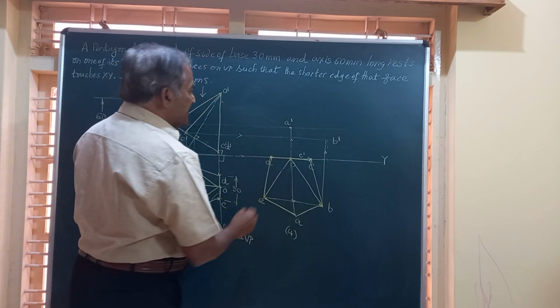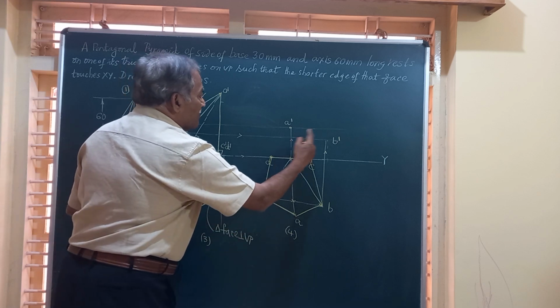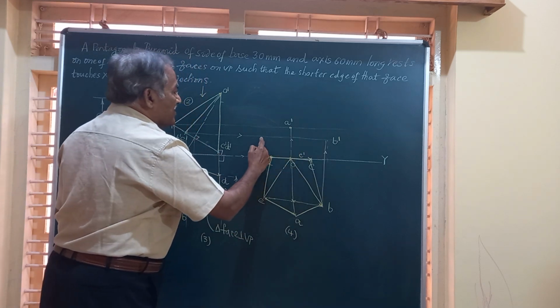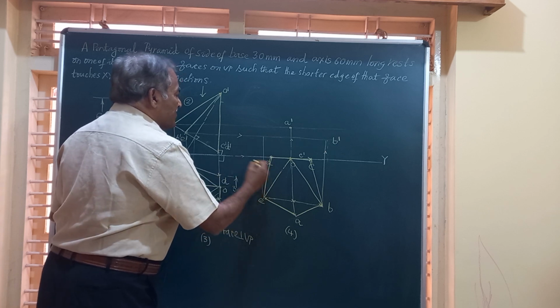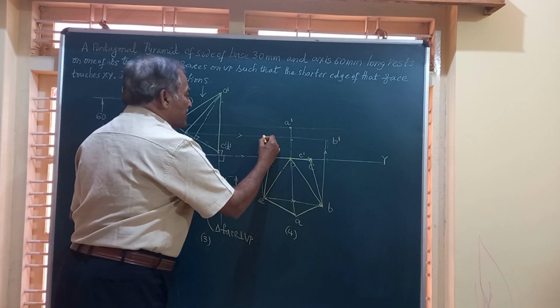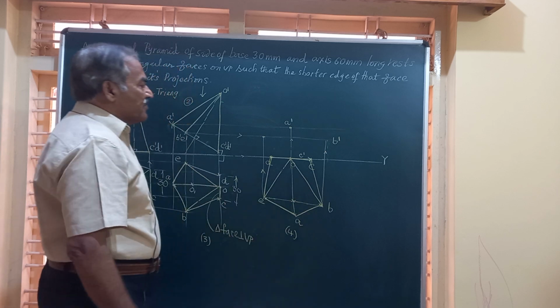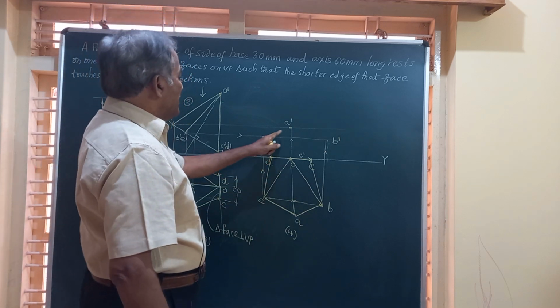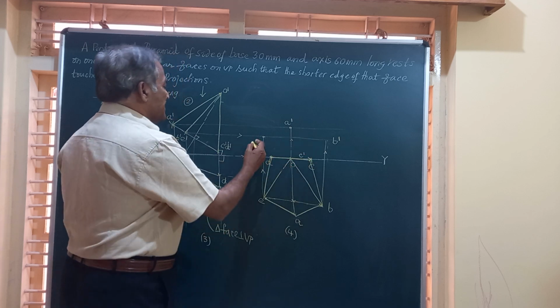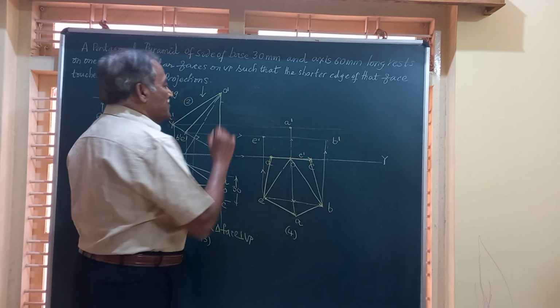So friends, we have got finally E. The distance of B and the distance of E will be just equal. So I will just draw a vertical line from here, a horizontal from here. We get all the 5 corners, namely A, B, C, D and E, so all dashes in the front view.